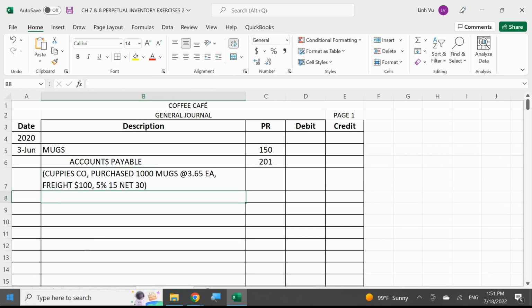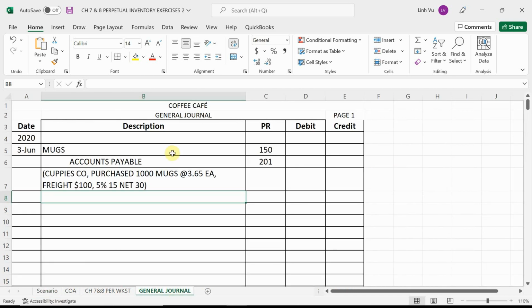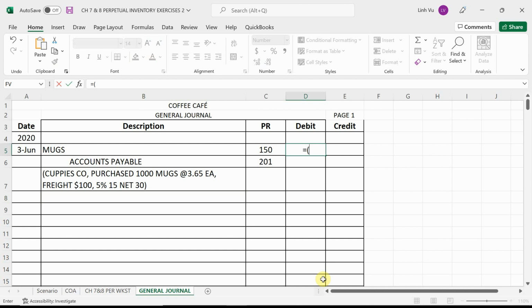Let me verify if that was correct, if I got all the information: $3.65 each with a freight of $100. So how much is my grand total that I purchased my mugs for? $3,750. You could do the math here: 1,000 times $3.65 each plus $100 freight gives you $3,750.